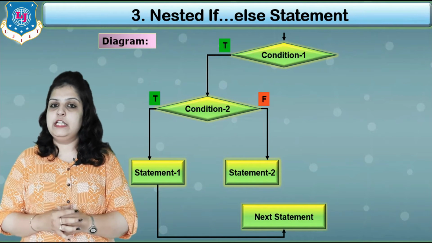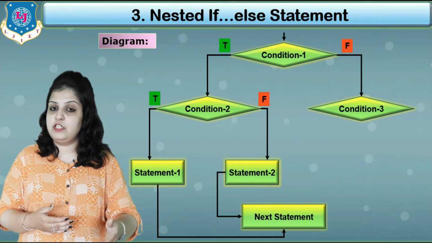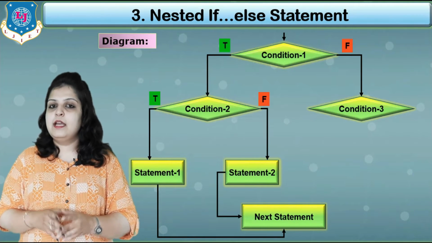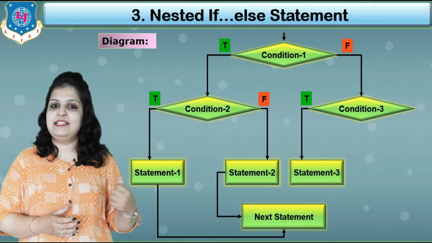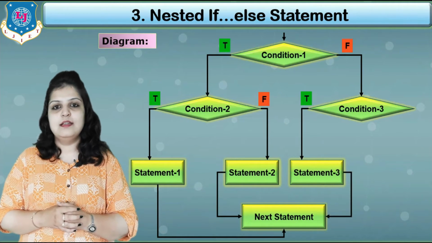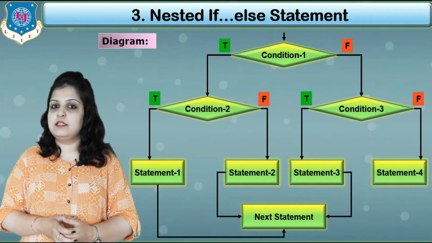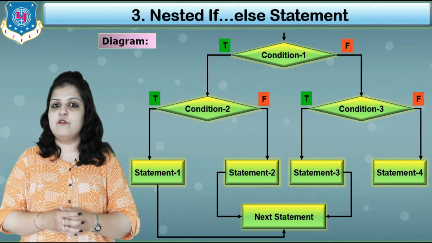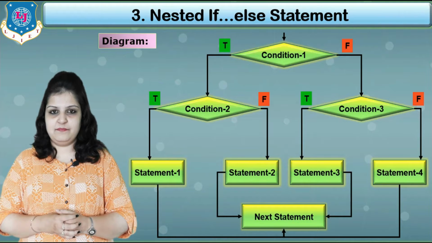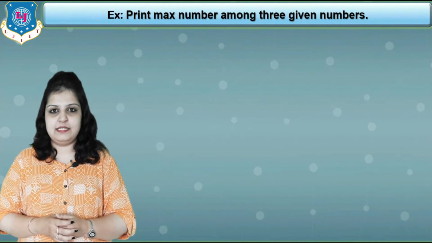And if our condition 1 is false, then in this case the other condition which is available in the else part, that is condition 3, will be checked, and if this condition is true, then statement number 3 will be executed and control goes to the next statement. But if the third condition is also false, then in this case statement number 4 will be executed and control goes to the next statement. Let's see one example to clear the idea about nested if else.